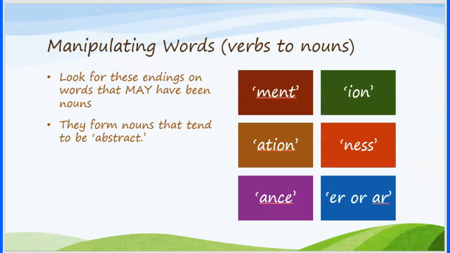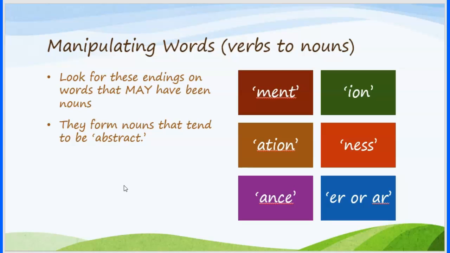Okay. Another thing that we're going to be doing a little bit more frequently, and by the end of this chapter, you will learn about this thing called verbals. And those are words that used to be verbs, and they become a noun through adding something to them. And this is sort of the same thing. We're manipulating words.